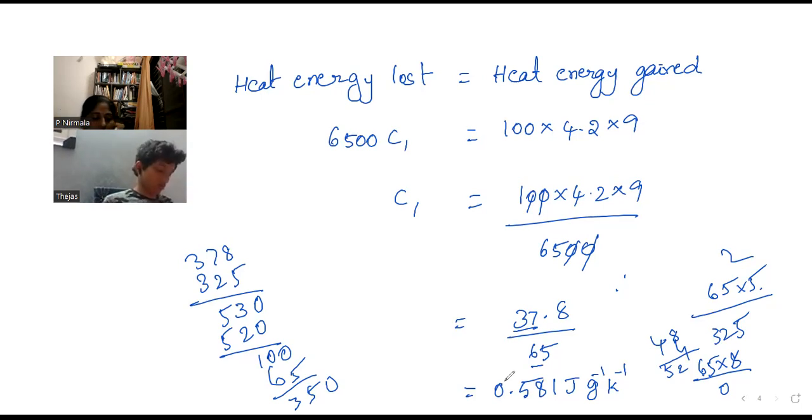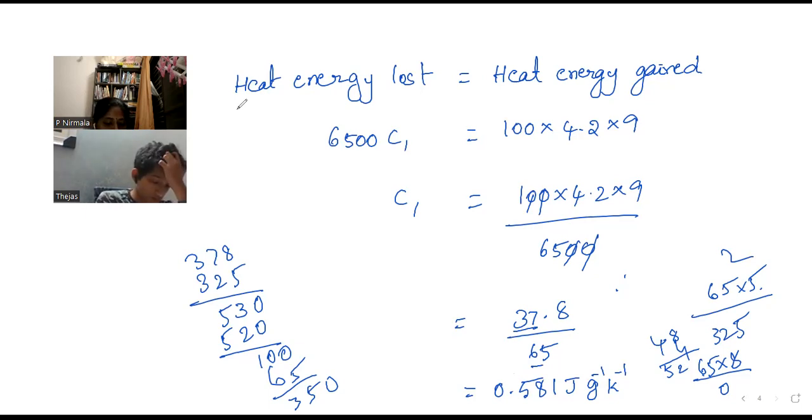How to find out? 45 grams of water at 50 degrees Celsius in a beaker. It is cooled when 50 gram of copper at 18 degrees Celsius is added.